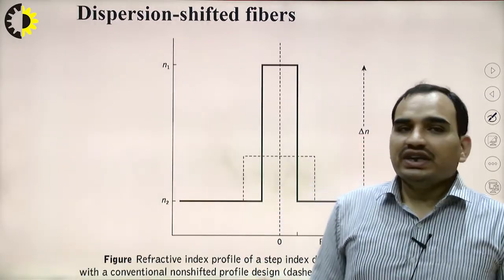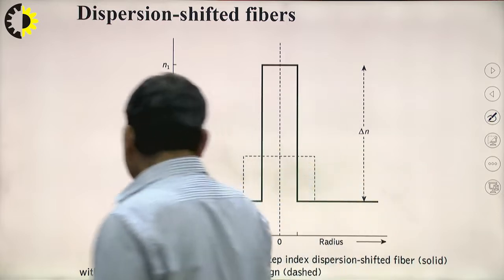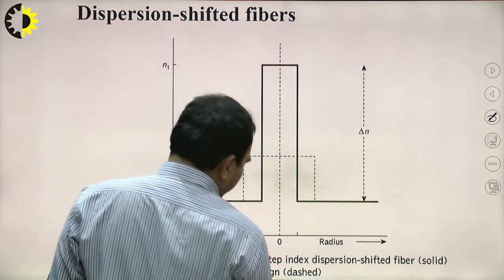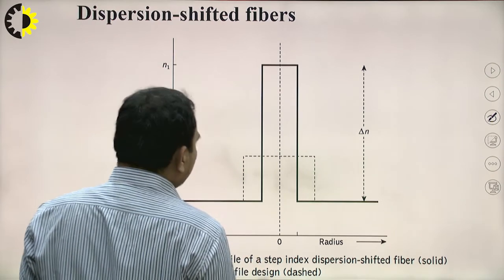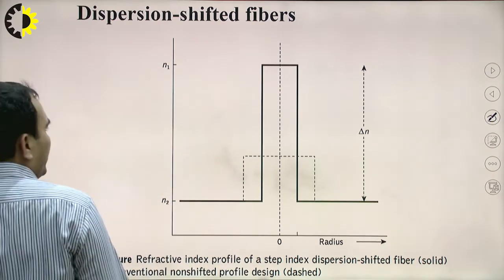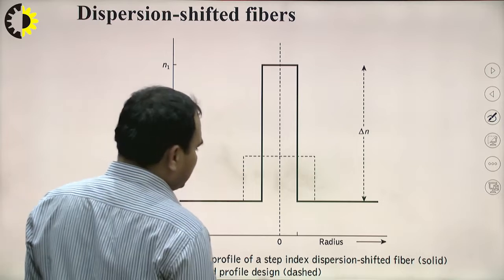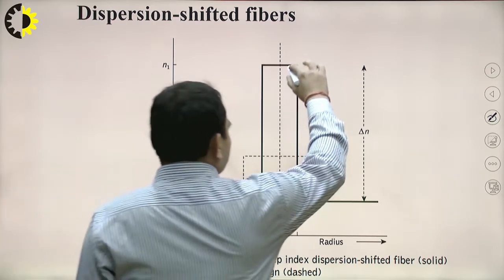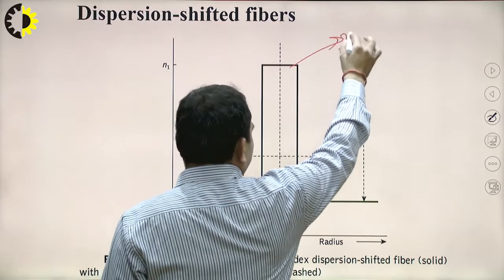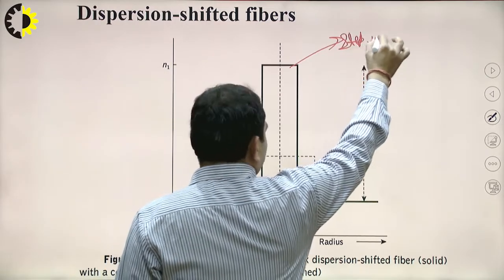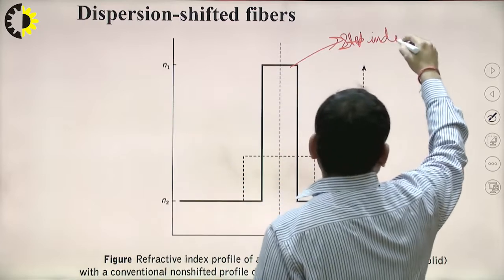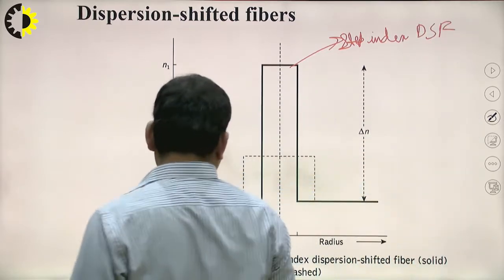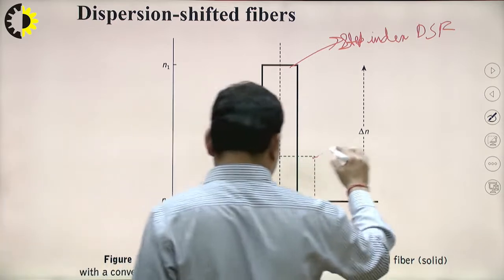In this figure we have the refractive index profile for the step index dispersion shifted fiber, given by the solid line. The dashed line is a conventional profile.